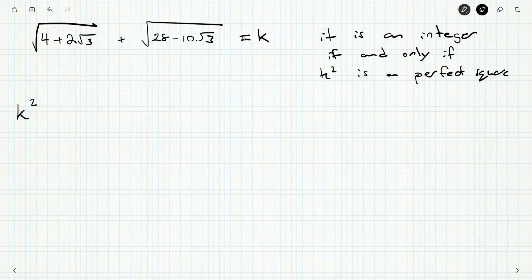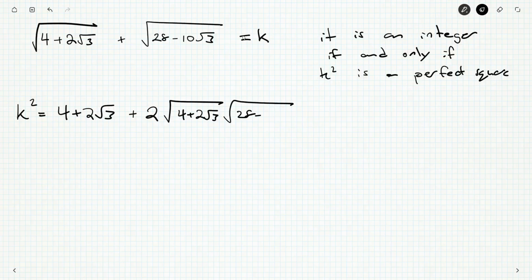Okay, so k squared, we get 4 plus 2 root 3, so that frees that up a bit. We also get 2 times, and this is where things get a little messy, and maybe there's a better way to do this question, I don't know yet. But we free up a lot of things out of the square root sign.